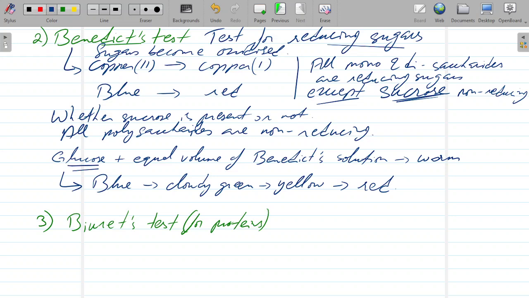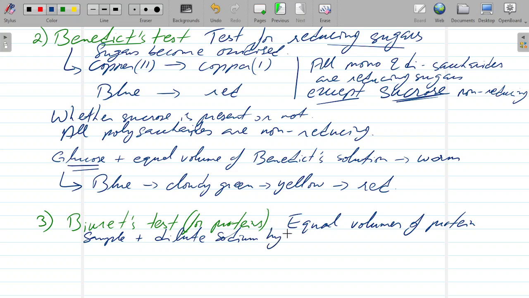And so what you do is you take equal volumes of your protein sample and you mix in, again, an equal volume of dilute sodium hydroxide and an equal volume of copper sulfate solution.